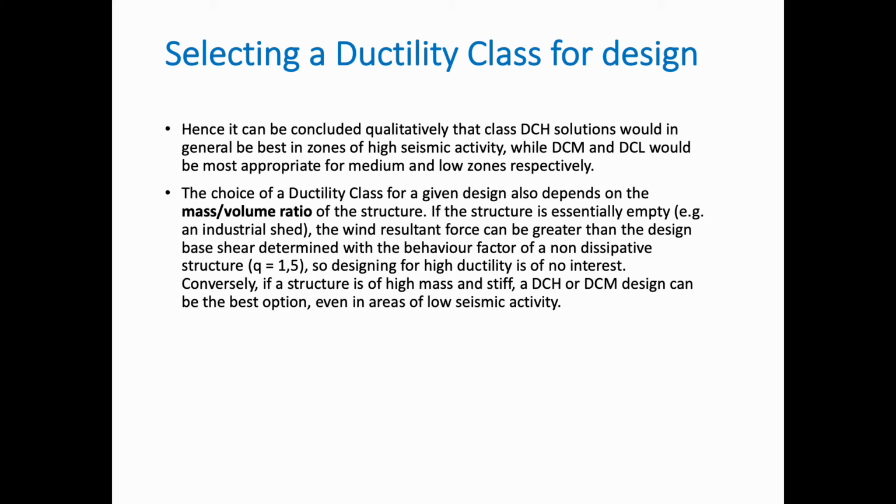A very heavy structure, even in low seismicity zones, had better be designed for a higher Q, for high and medium dissipative, whereas a low-rise structure, especially if it's empty, if there is a lot of volume inside, had better be designed, even in seismic zones, with a behavior factor of 1.5.